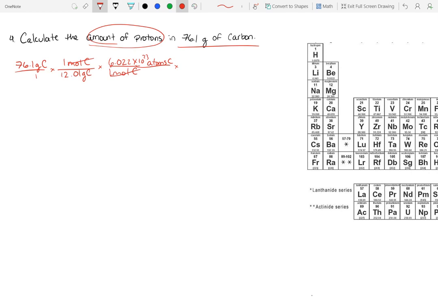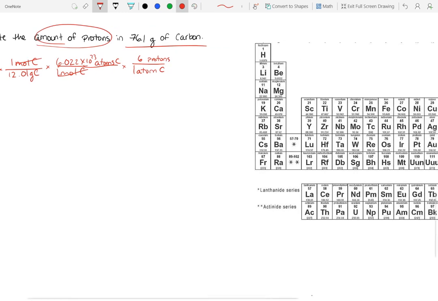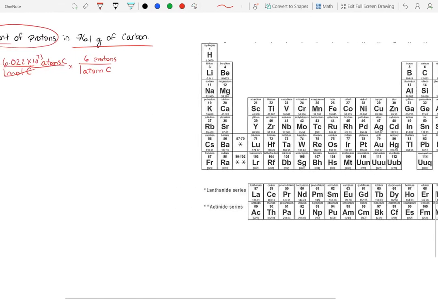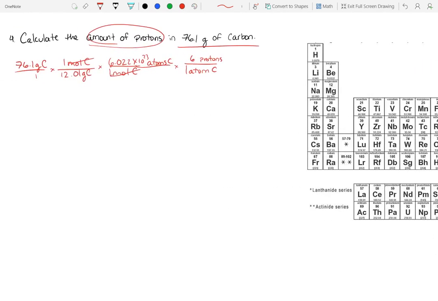Now we're going to say that in one atom of carbon, there are 6 protons, right? Where am I getting the 6? Right here from the atomic number, alright? Dr. Beckford and Dr. Sulfate spent a lot of time covering this at the beginning of the semester, right? The atomic number, mass number, isotopes. This is where it comes into play, alright?